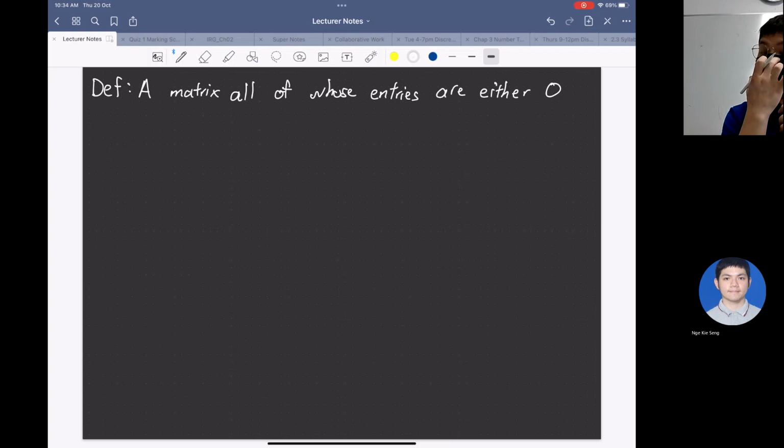For example, if you are studying statistics, you're interested in matrices whose rows and columns sum to 1, because they are probabilities. So in this course, we look at matrices that have only 0 or 1 in the entries. I call it a 0, 1 matrix.